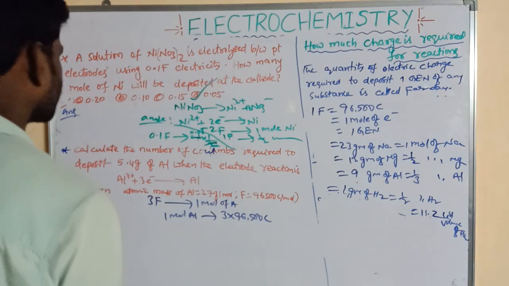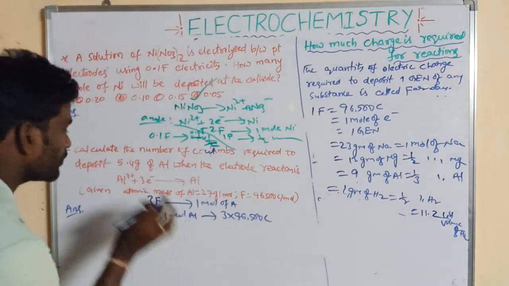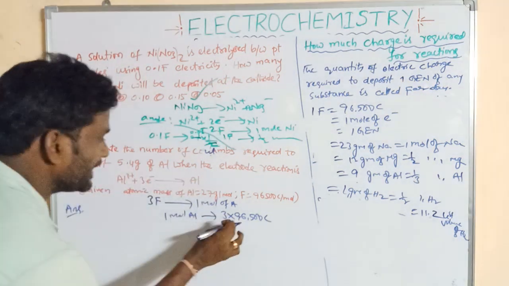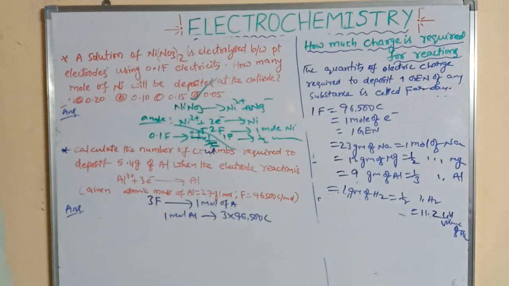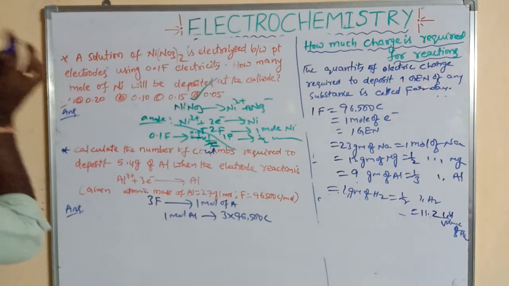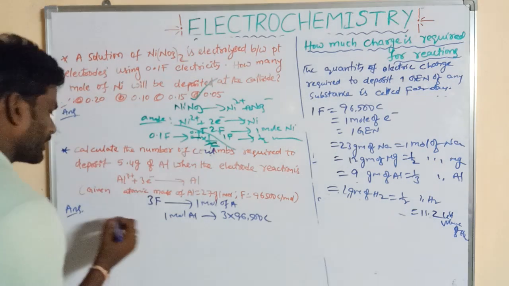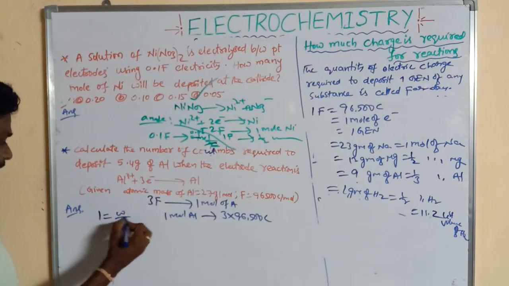Calculate the number of coulombs required to deposit 5.4 gram. So for 1 mole of Al, 3 into 96,500 coulomb electricity is required. But 1 mole of Al is equal to how many grams? The formula: number of moles equals weight by gram molecular weight.